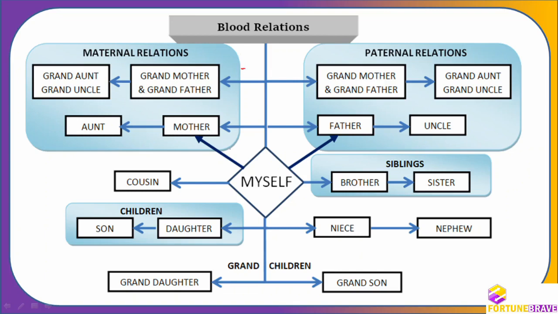We will start with myself. Myself means you or me. Whatever your gender, on that basis I'm going to cover both of them, but you have to understand. From myself, we are going to see two generations up, the first generation and second generation, and two generations down, the first generation and the second generation.